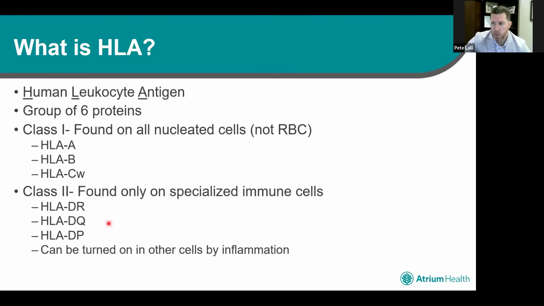Now, one thing to note is that all of these HLA genes are really close together, including being close to a lot of these different immune inflammatory response genes. So if you have a circumstance where you have inflammation, cells that don't normally express these class 2 proteins can turn them on.